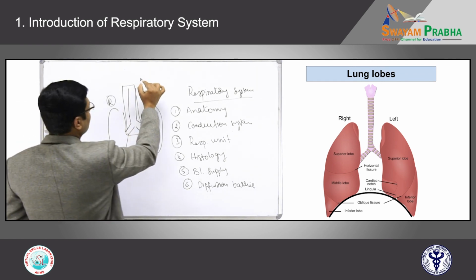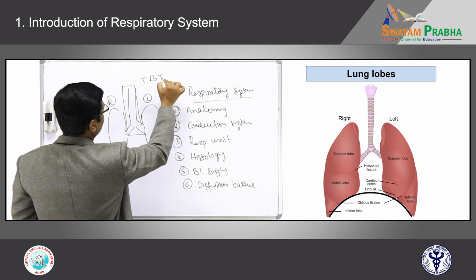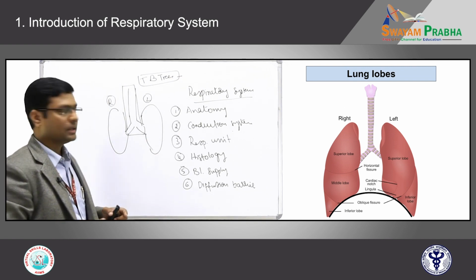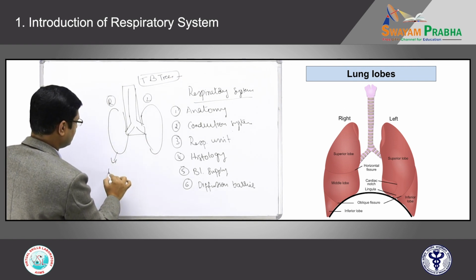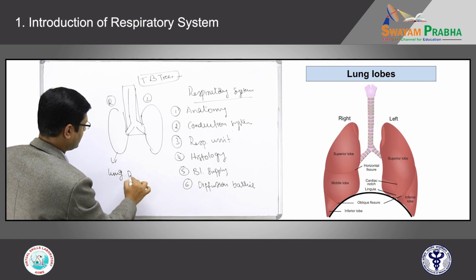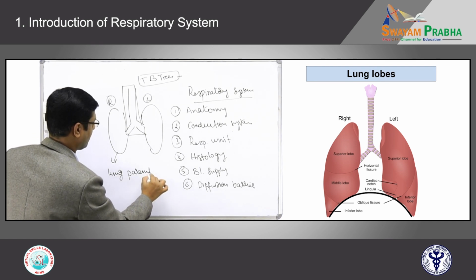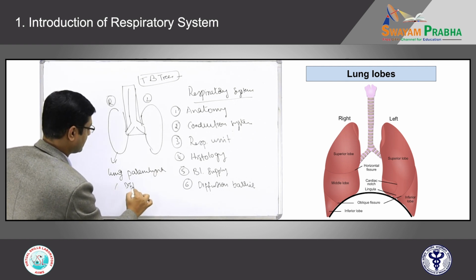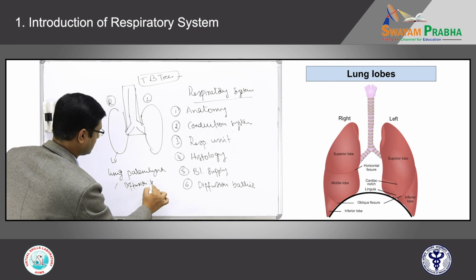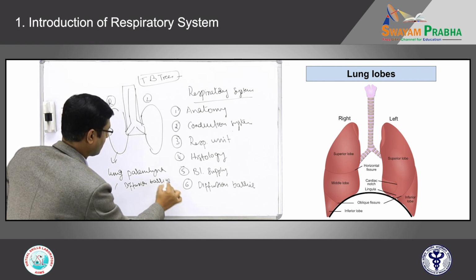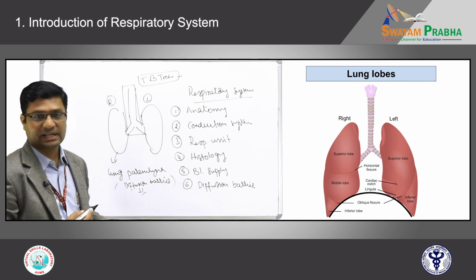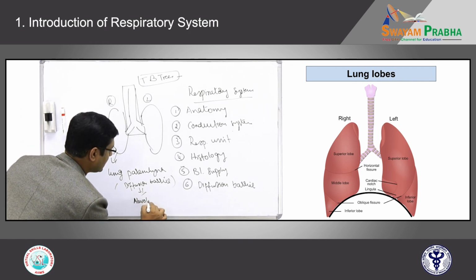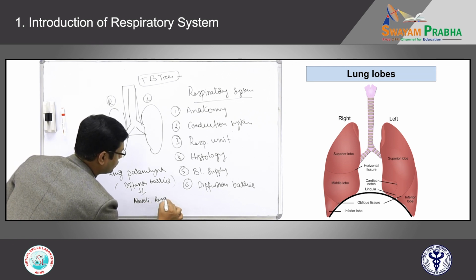So we have the tracheobronchial tree, that is called the conducting system. Then diffusion takes place in the lung parenchyma. That is called the diffusion barrier. Where exactly does it take place? It takes place at the level of alveoli and respiratory bronchioles.